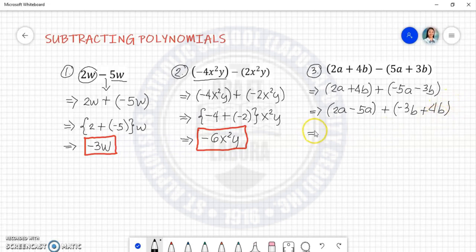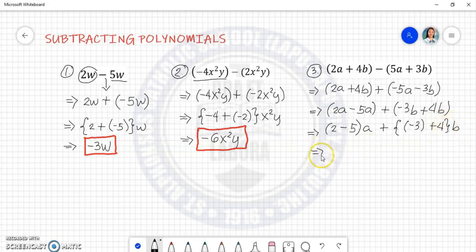Okay, now let's start. Separate the numerical coefficients, that is 2 minus 5 and copy a, plus separate the numerical coefficients again, that is negative 3 plus 4, copy b.